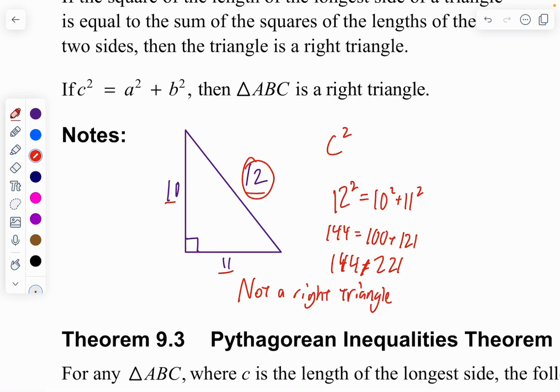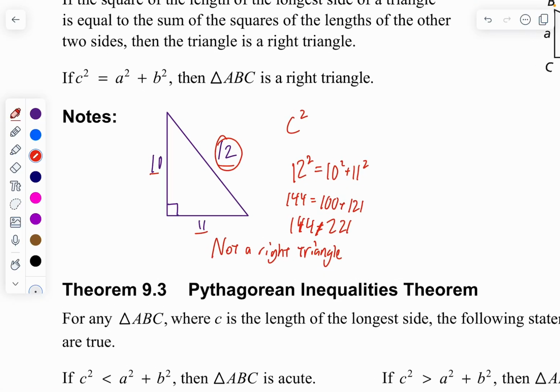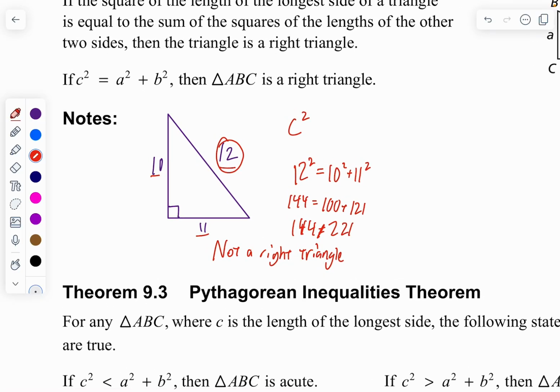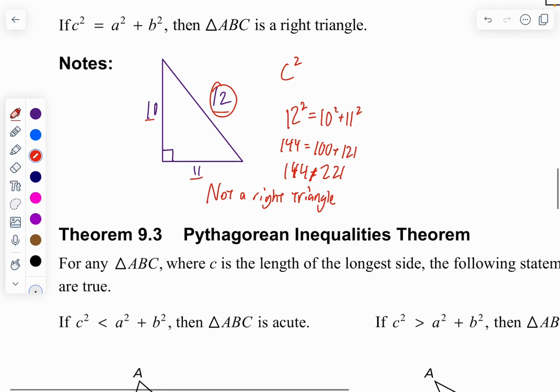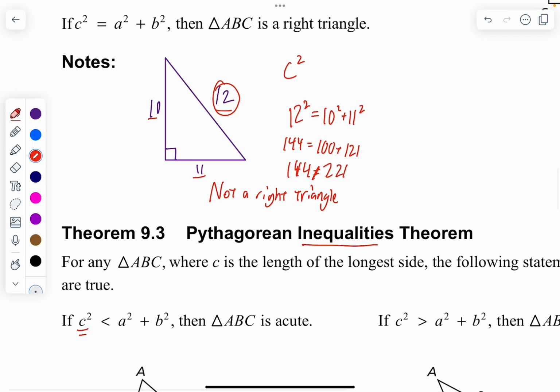We can actually use the Pythagorean theorem to see what type of triangle it is, at the very least, to see if it's not a right triangle, is it an acute triangle or an obtuse triangle? The rule with Pythagorean inequalities is this: if your c squared is smaller than your a squared and b squared put together, you have an acute triangle.